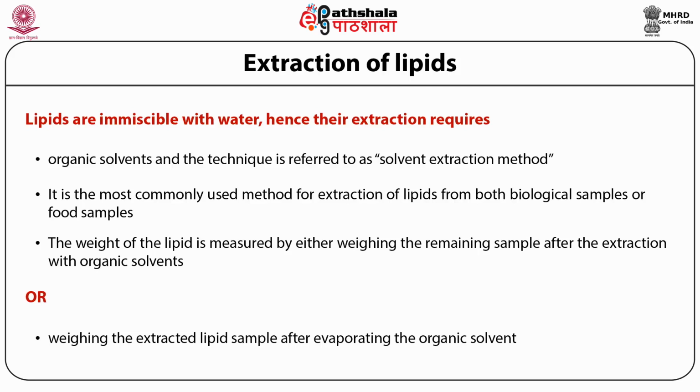So you can evaporate the organic solvent by flushing a stream of nitrogen gas into the tube. The organic solvent will evaporate, and what you're left with is a thin lipid film sticking to the walls of the tube, and then you can measure the weight of this tube, which will give you the weight of the lipid sample that you have begun analyzing.